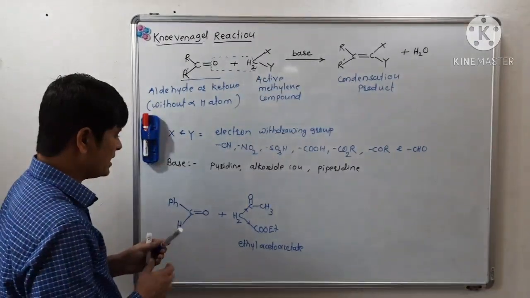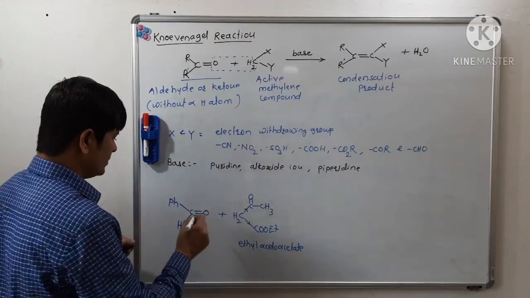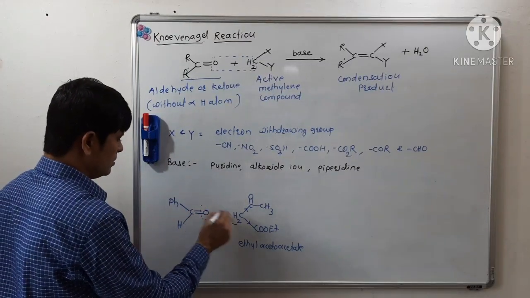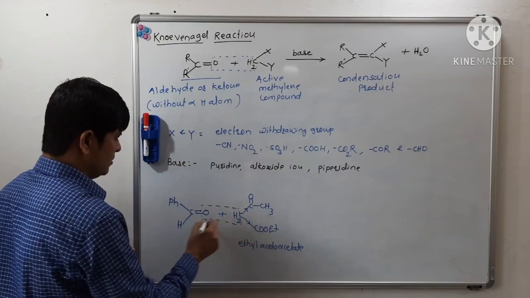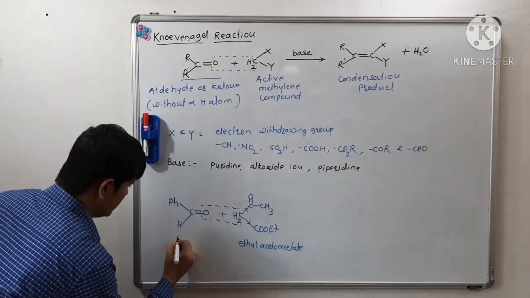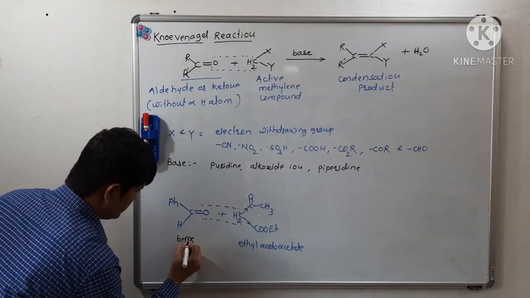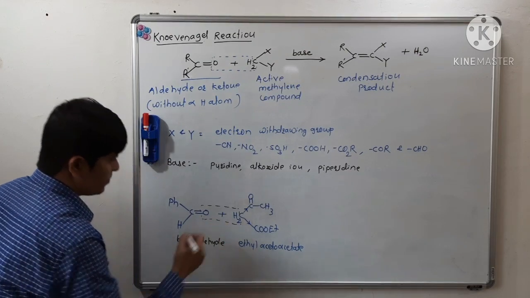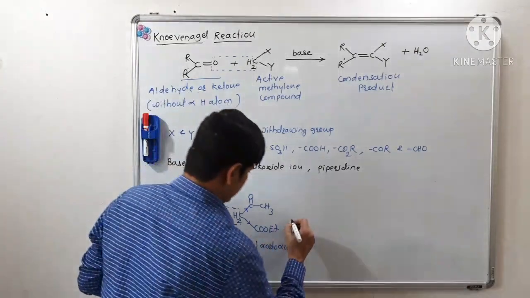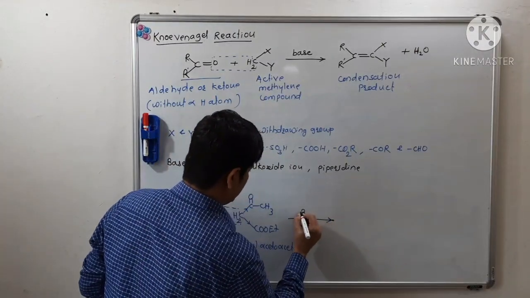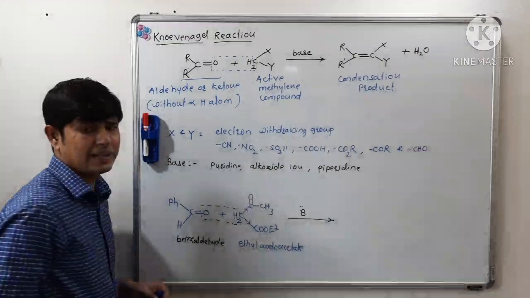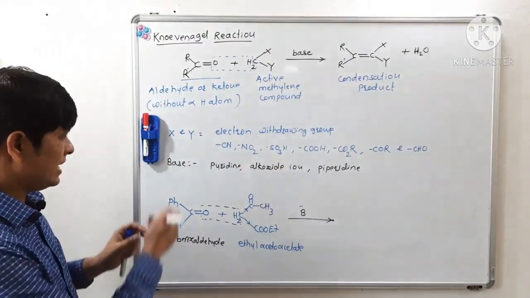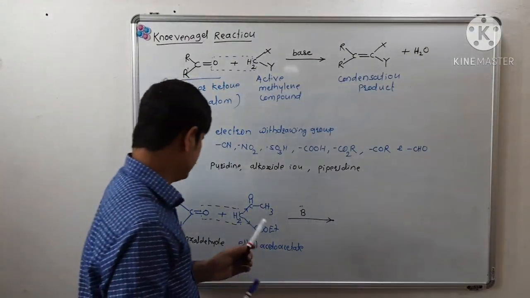So there will be a condensation of this benzaldehyde molecule with ethyl acetoacetate in presence of base like pyridine, or any alkoxide ion we can write.